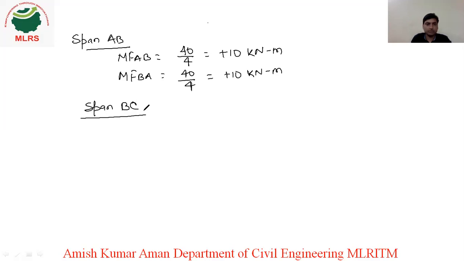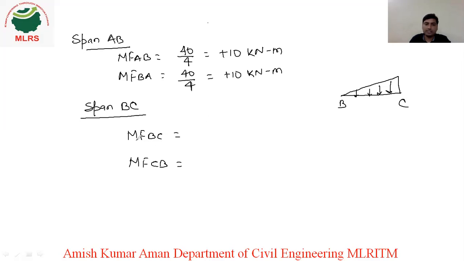Now coming to this span BC, we have MFBC and MFCB. In the question, in the BC span there is a UVL over this BC. If it is B and it is C, the UVL is acting like this.